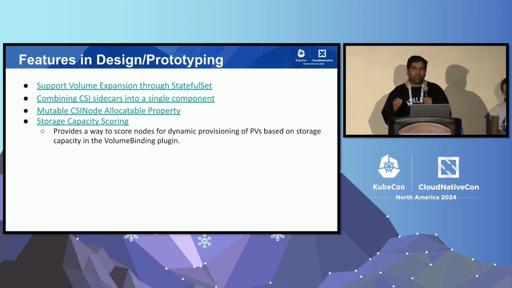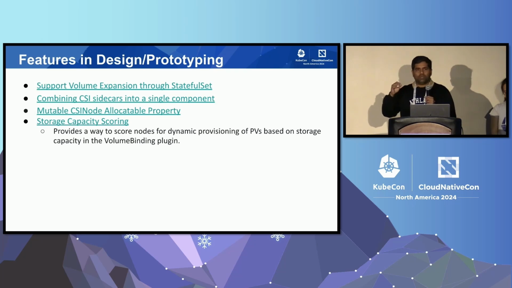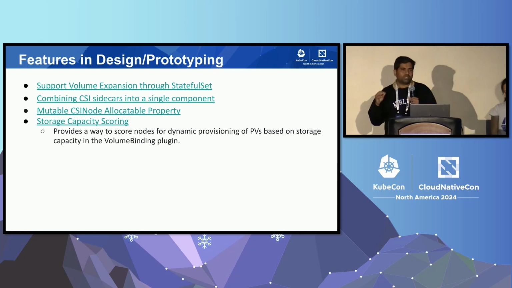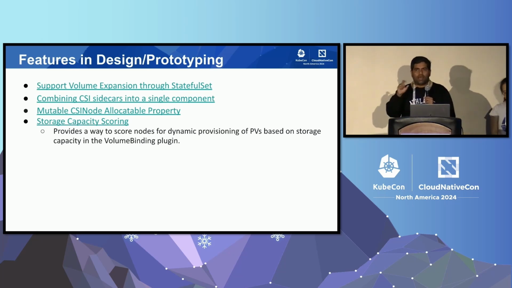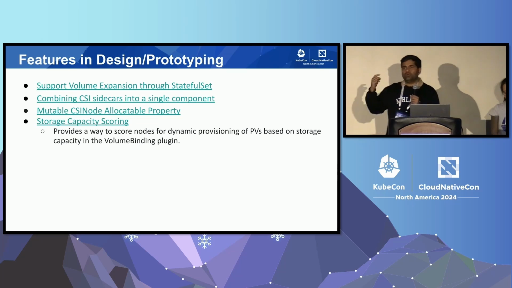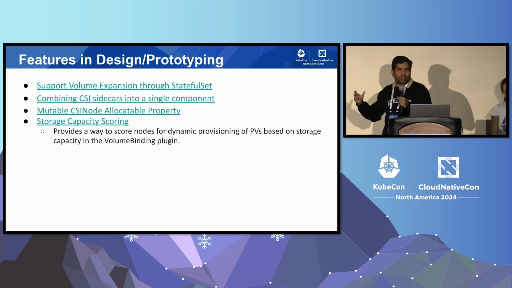And one more feature we have a proposed design for in 132, which couldn't quite make it, is making the CSI node allocatable property mutable. If you use volumes, you know that on AWS, GCE, or other cloud providers, there's a limit on how many volumes you can attach to a node. The CSI node allocatable property has a count that each node uses to tell the scheduler how many volumes could be attached to this node. Based on that, the scheduler decides whether to schedule a pod on that node or not.